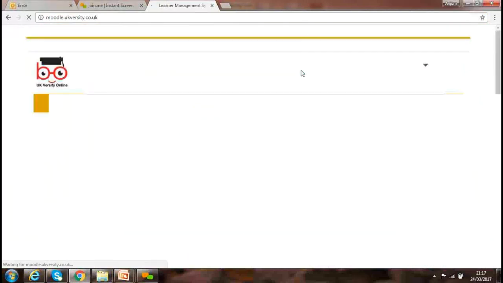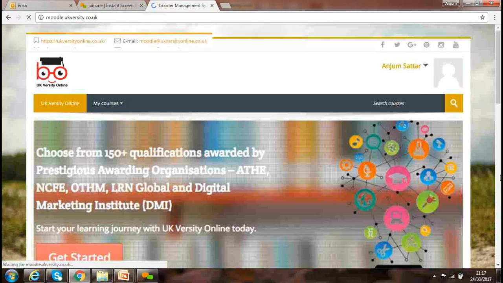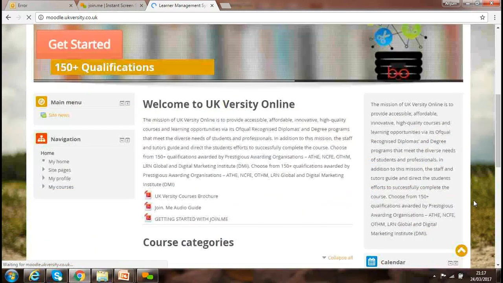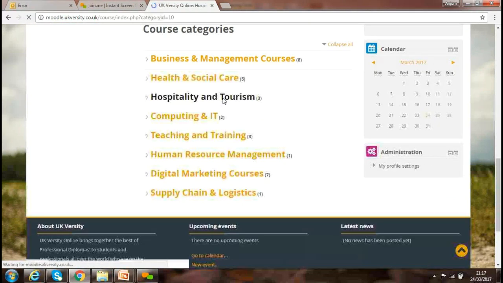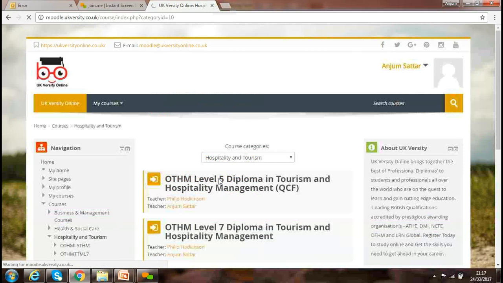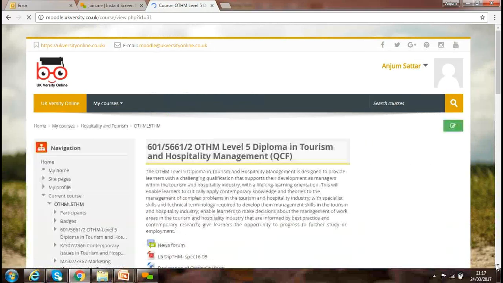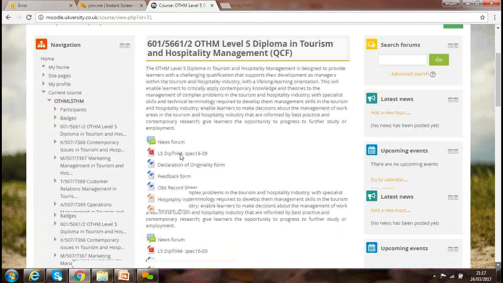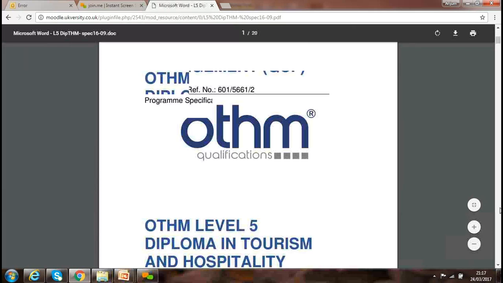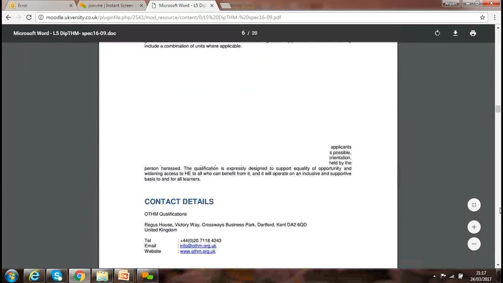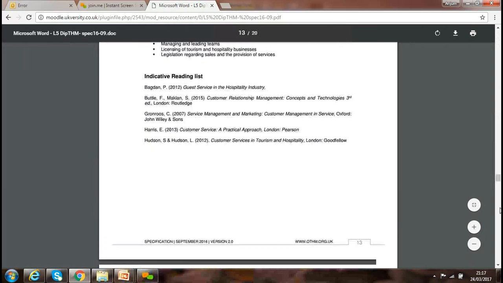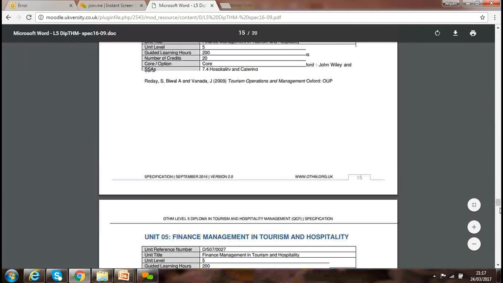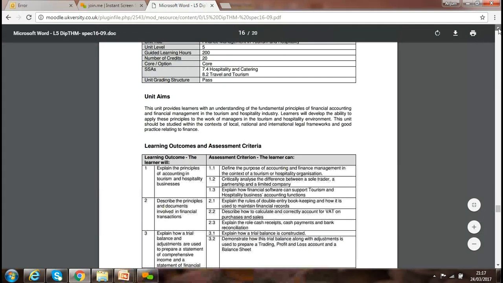On Moodle, if you look under the course strategy at level 5, because your course is level 5, and if you look under the spec there, level 5, and under unit 5, you will see all the learning outcomes.